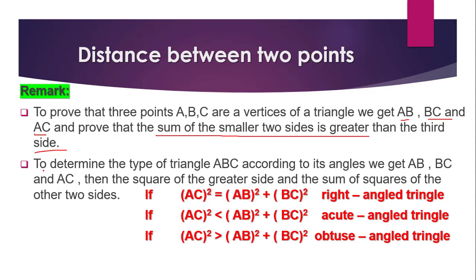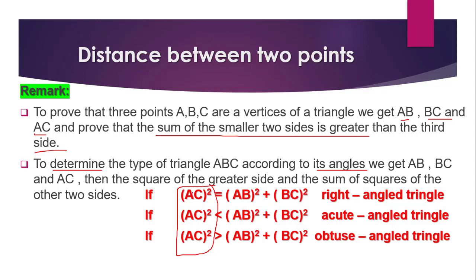Also, I want you to remember that to determine the type of any triangle according to angles, if you have the side lengths, take the greatest one and calculate its square, and also the square of each of the other sides and add them together.